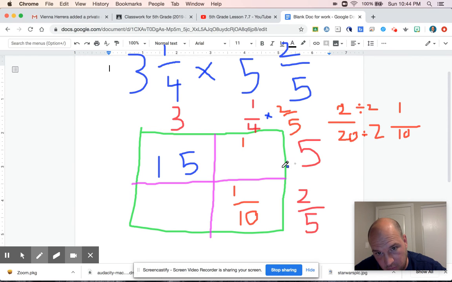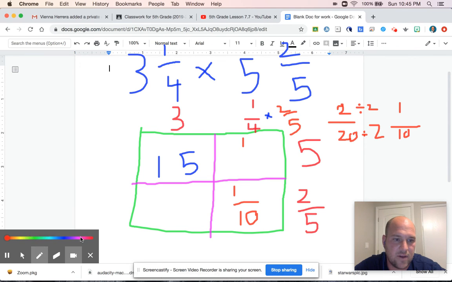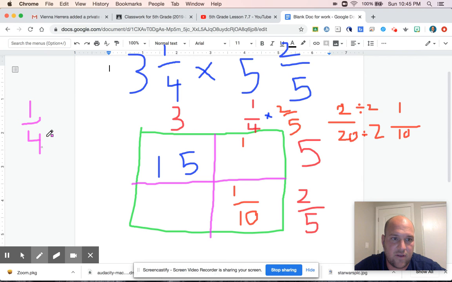Here, I'm going to put 1/4 times 5, okay? And we're multiplying. That's all we're doing. We're learning to multiply. So 1/4 times 5. How do I do that? Let me grab a different color here. 1/4 times 5. And remember, whole numbers, you can also write over 1.